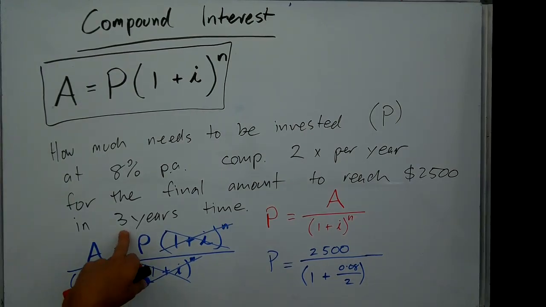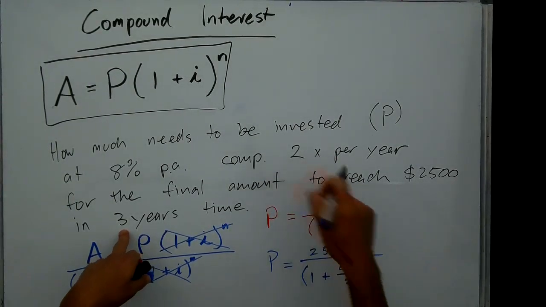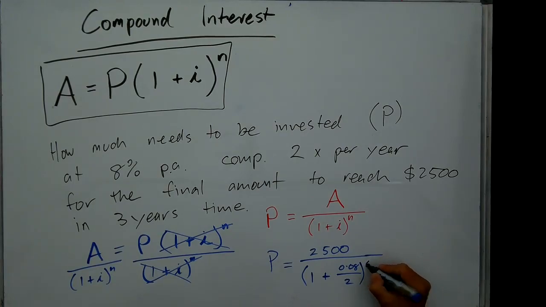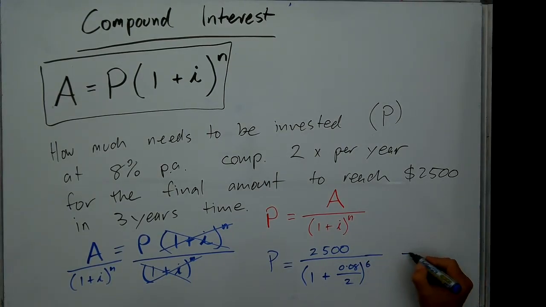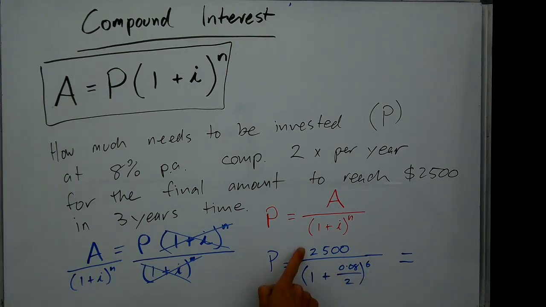So we've got 3 years, and it happens twice a year, so that's going to be 2 times 3 is 6. So our principal equals. So be careful on your calculator. It's this divided by that whole amount. So if you type things in the wrong order, you could end up getting a weird answer.